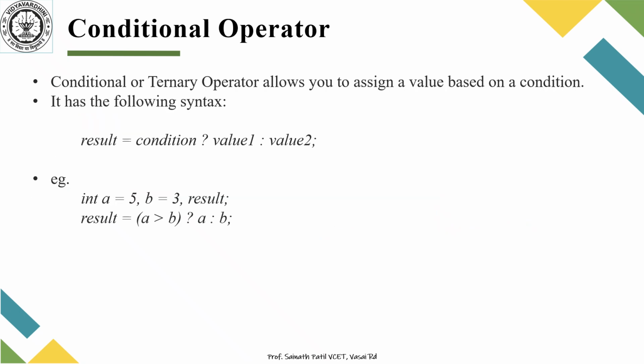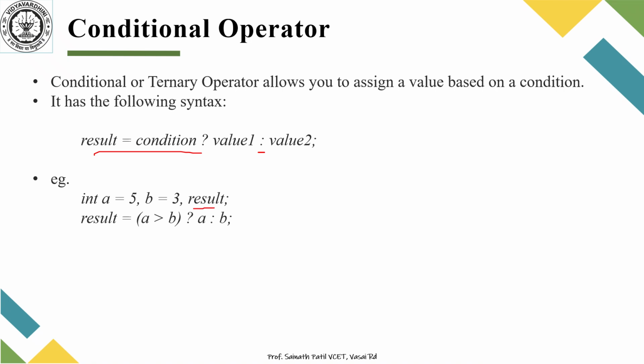Conditional or ternary operator allows you to assign value based on certain condition. It is represented like result is equal to condition question mark value 1 colon value 2. For example, suppose we have int a is equal to 5 and b is equal to 3, and one more variable we declare, result.